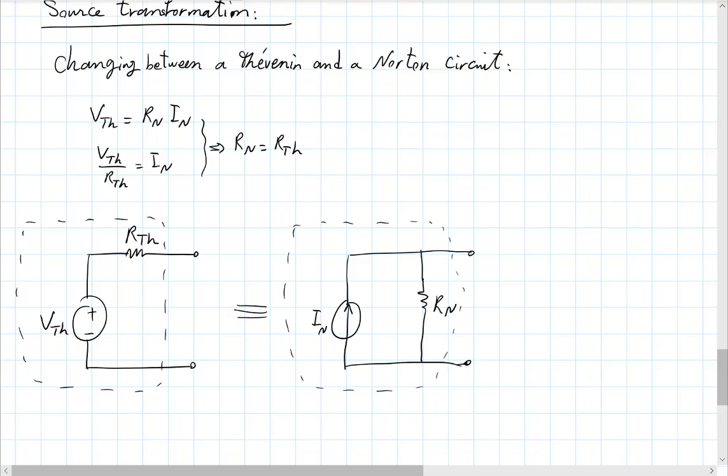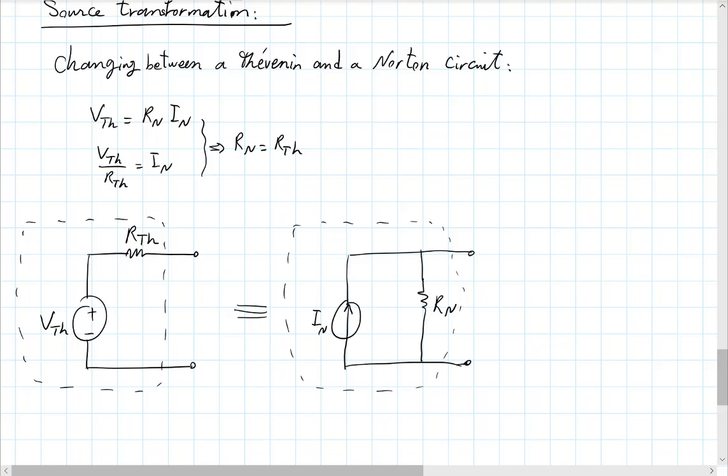As long as that RTH and RN are the same thing, and VTH is the product of that resistance times IN, those two things are equivalent. They both have the same open circuit voltage, the same short circuit current, and entirely the same IV characteristics.